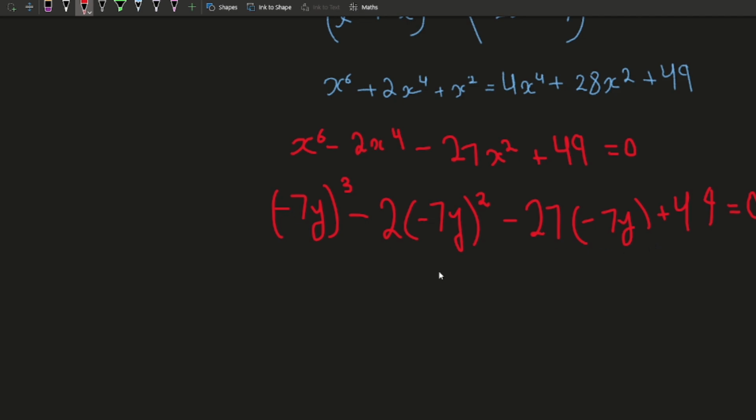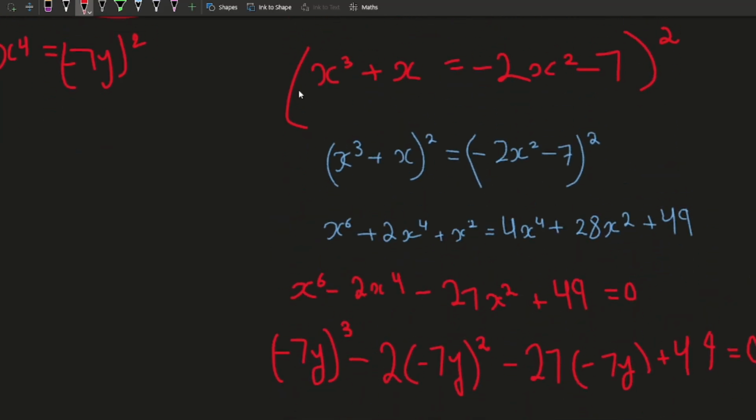Let's expand this. This would be minus 343y cube minus, this would be minus 98y square. This would be plus 189. Okay, so this is negative. See, I made a mistake. Minus, so this is square.